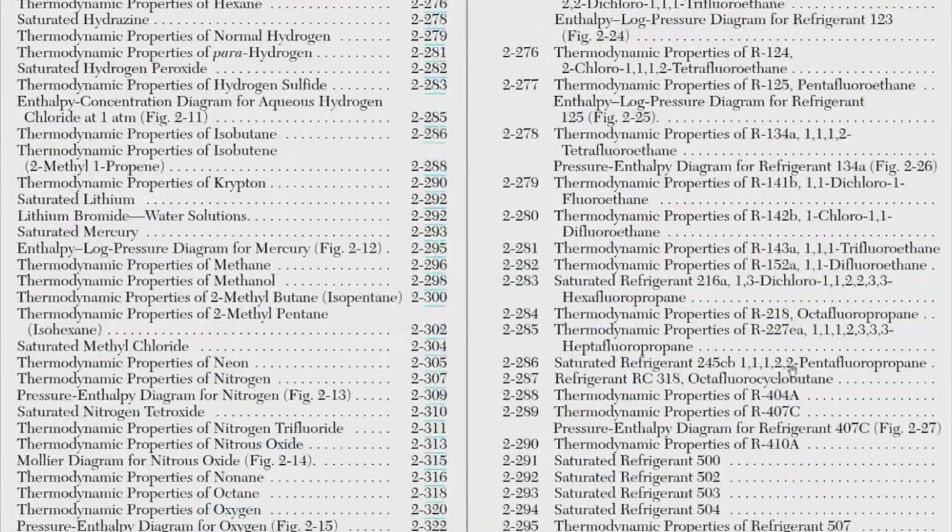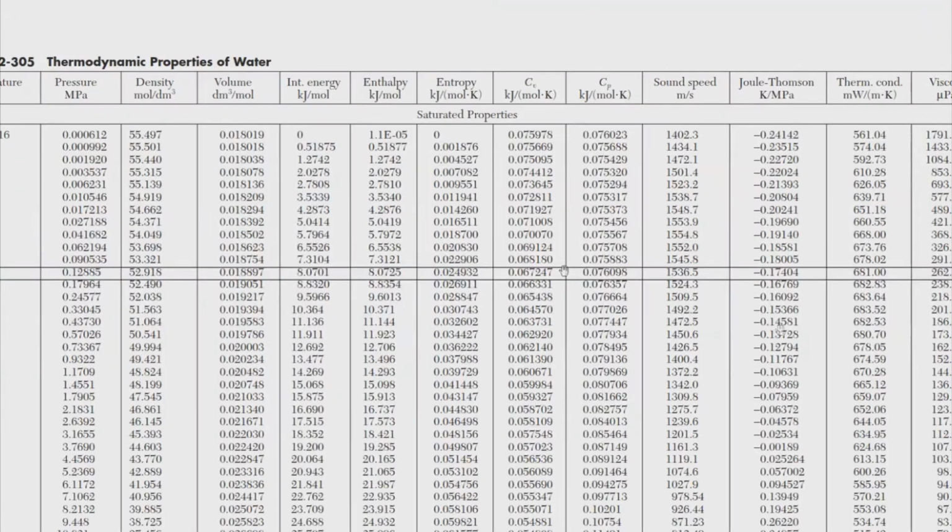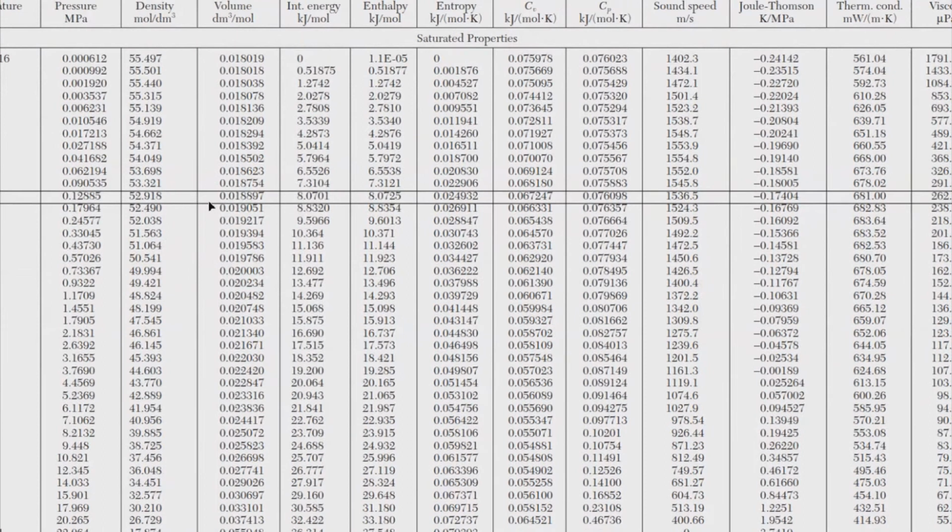So, punta lang kayo dito sa ating Perry's handbook, and then thermodynamic properties. Ayun, ito na yun. So, ito yung saturated property niya.